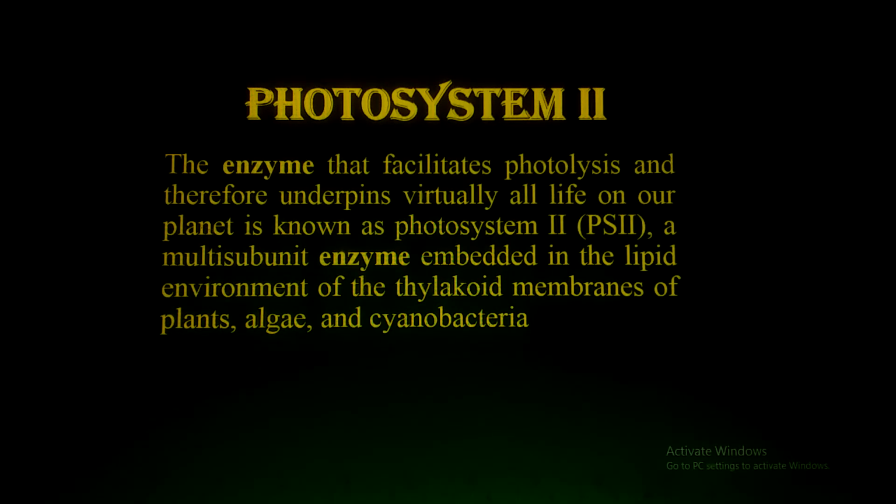I have discussed the thylakoid membrane in detail, so you must watch my lecture about the thylakoid membrane of plants, algae and cyanobacteria. Is it clear? This is the enzyme that initiates the photolysis of water, responsible for the breakdown of the water and the start of the light reaction.